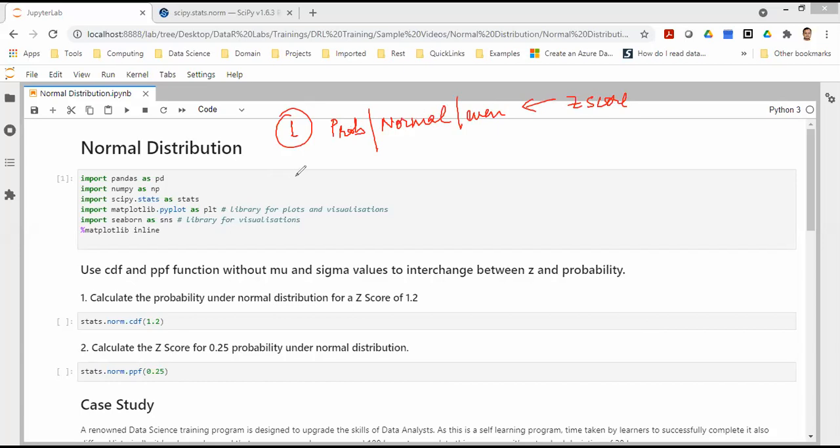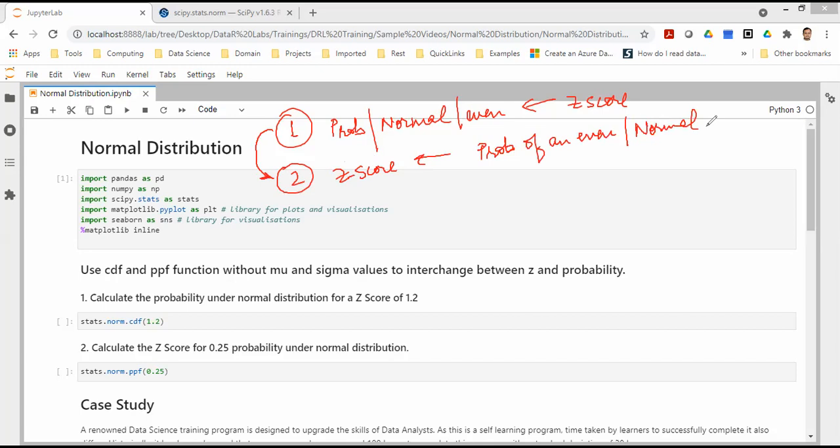And the second thing which we learn today is exactly the flip of point number one, which is calculating the z-score using the probability of a given event under a normal distribution.